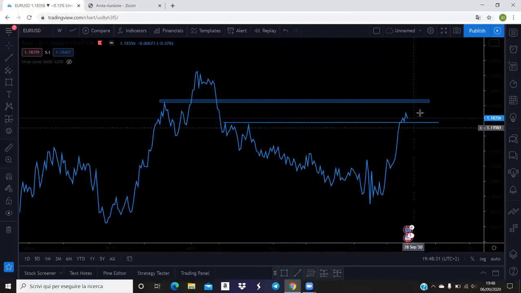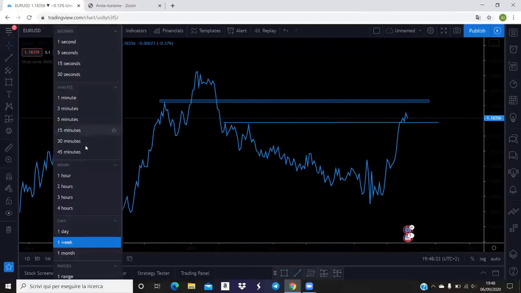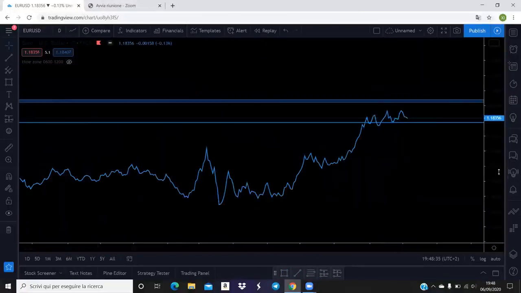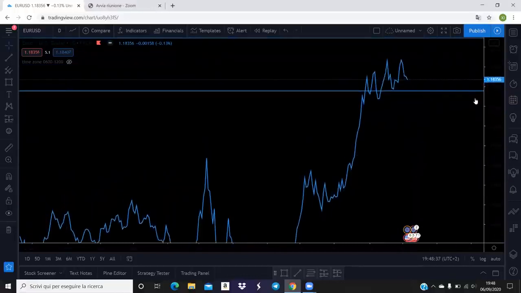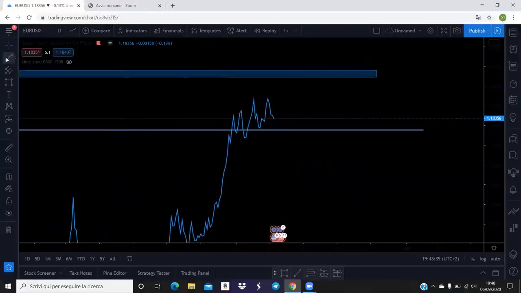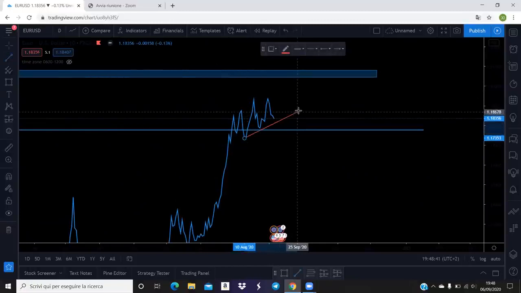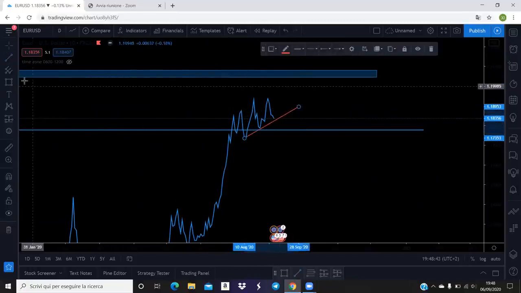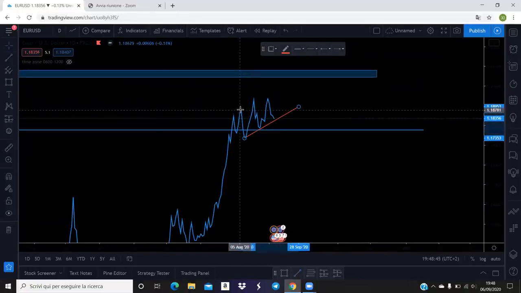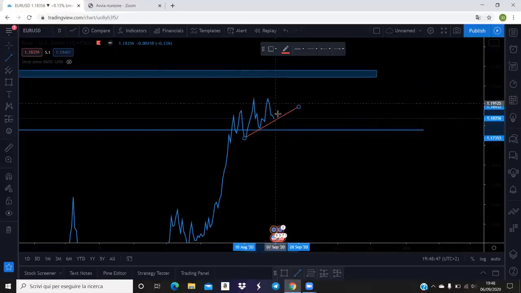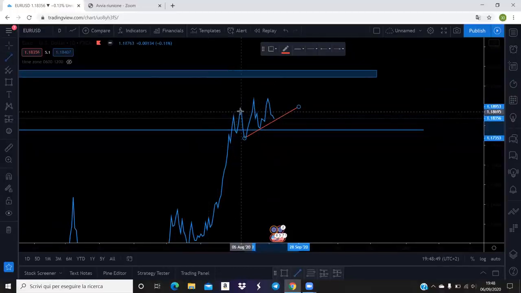And this is where we are trading at the moment. If we drop to the daily, we can see that we are clearly in this pattern right here. And this looks like a head and shoulders actually, but we will need to check.